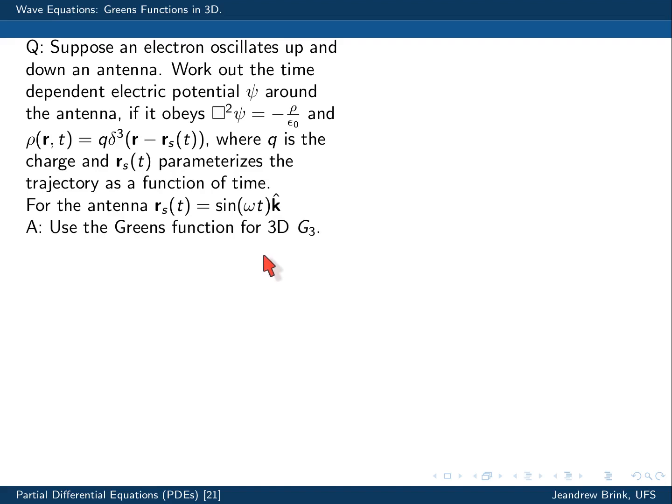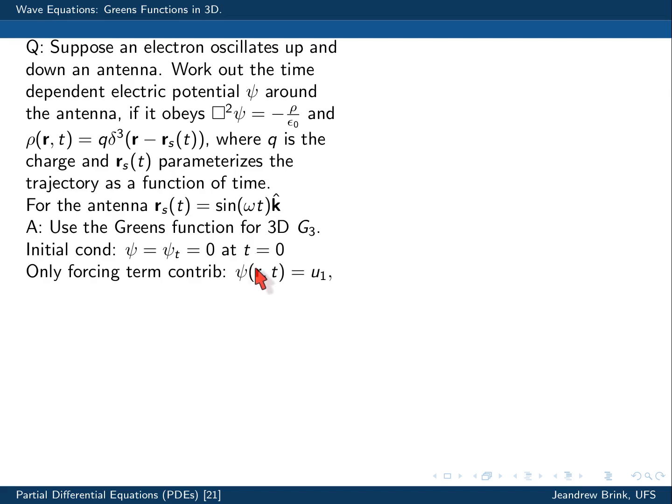To do this, we're going to use the method we've just designed. We've got the Green's function that we've just used, and we're going to use the initial condition psi equals 0 at t equals 0. That means we only have to consider the first term that we used, so only the forcing term makes a contribution.